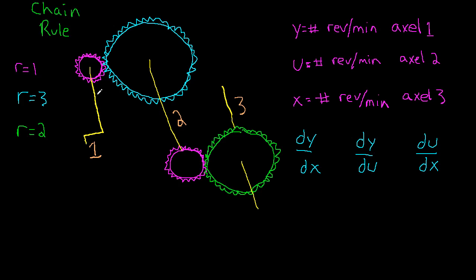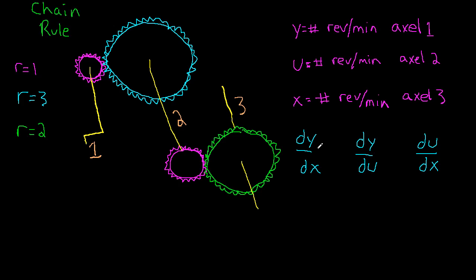So if this axle turns 3 times, how does that affect this axle over here ultimately? How many times is this axle going to turn? Is it also going to turn 3 times? Is it going to turn 1 time, 9 times? We don't know. That's what we want to know. How does the change in this axle affect the change in this axle over here?